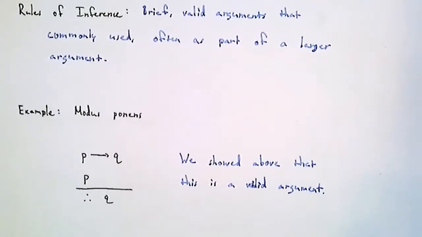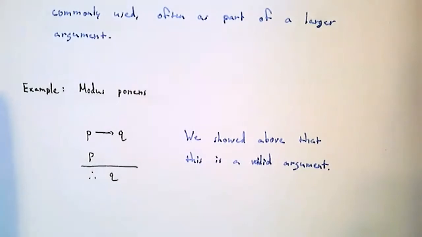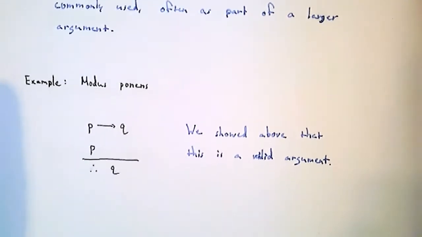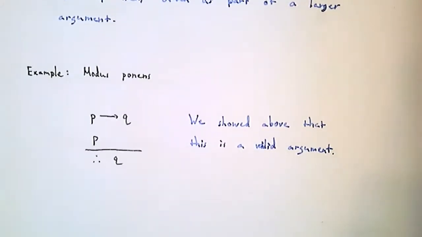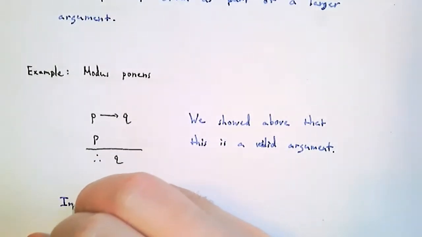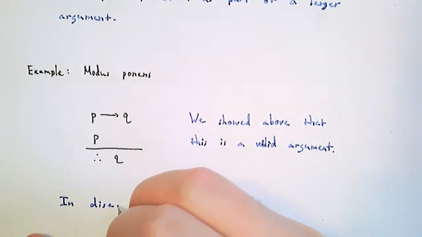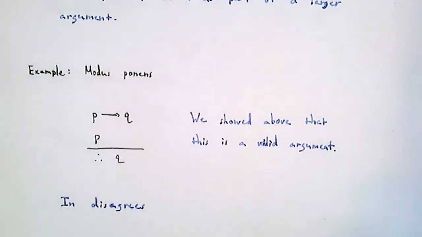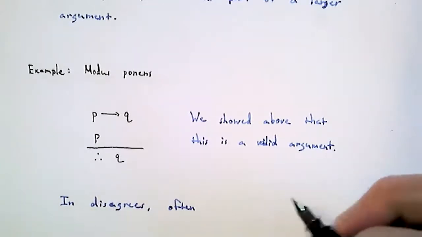And one thing that I want to point out in logic is that often you'll see people arguing, and both of the people arguing will have valid arguments. Let me explain that a little bit better. So maybe in disagreements, let's say you're arguing with your friend about something, often both sides actually do have valid arguments.